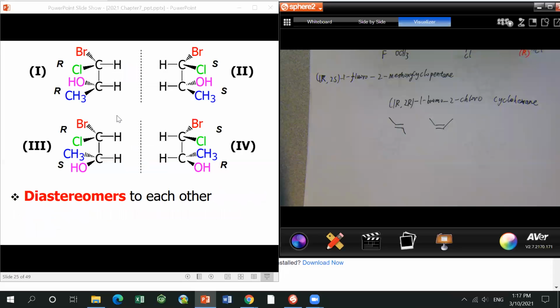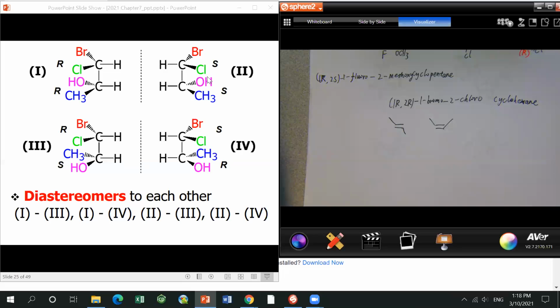For 1 and 3 and then 1 and 4, we call them diastereomers. Some stereocenters have the same alignment, the bottom one here, and some have the opposite alignment, here and here. That's what we call diastereomers. Same thing for 2 and 3, and 2 and 4, we call them diastereomers.